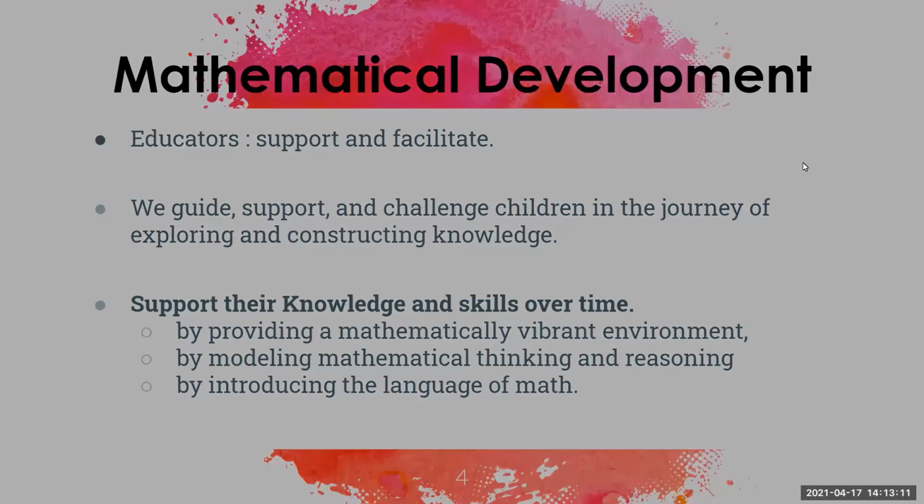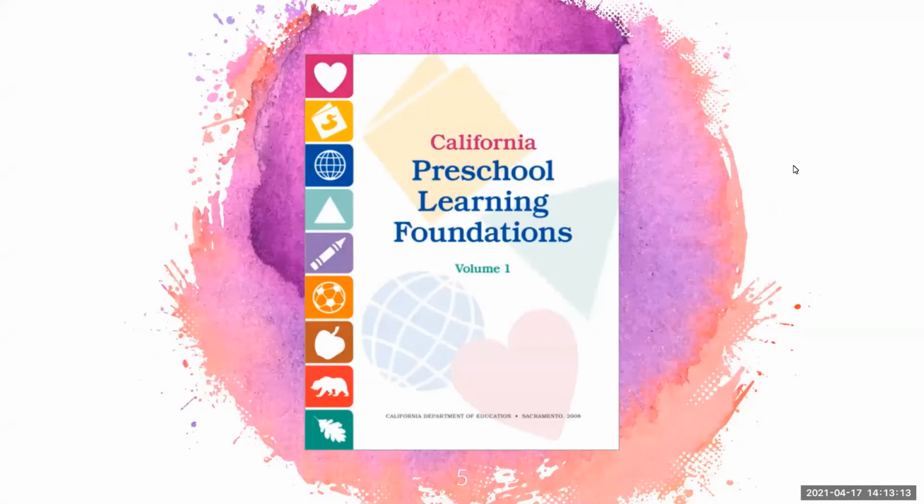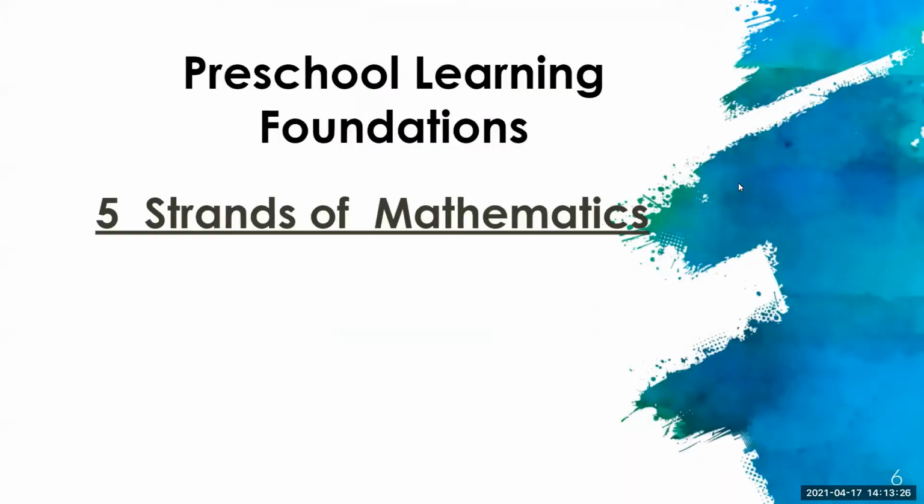The information that we're sharing with you today comes from the California Preschool Learning Foundations and is supported. You can find this resource online. So in the Preschool Learning Foundations, there's 5 strands of mathematics.